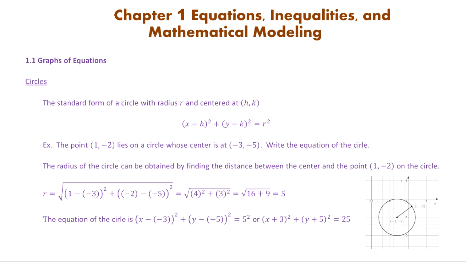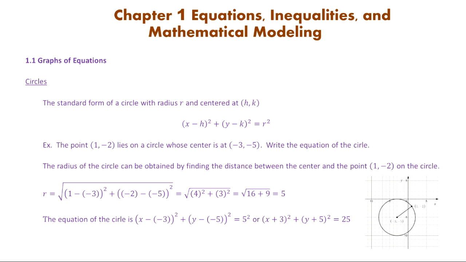Okay. So in this example, the point (1, -2) lies on a circle whose center is at (-3, -5), and we need to write the equation of the circle. As we said, we need the center and the radius to write the equation. We already know the center is at (-3, -5), so we need to find the radius.